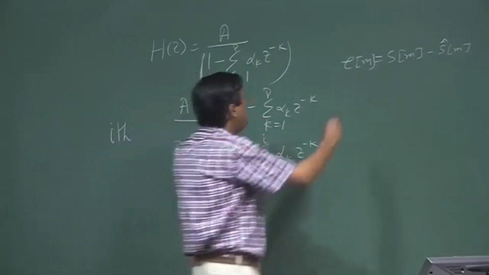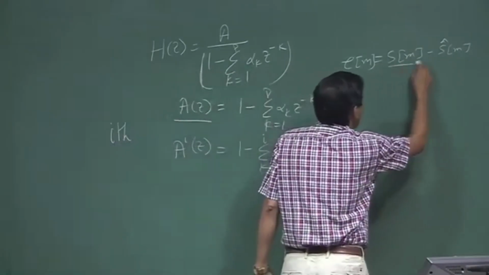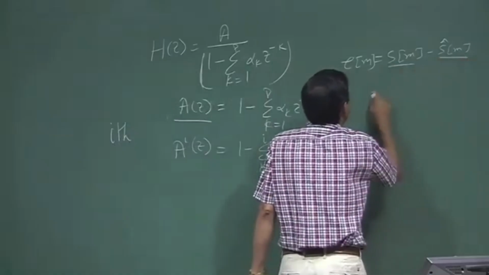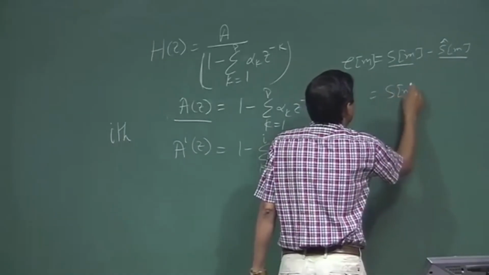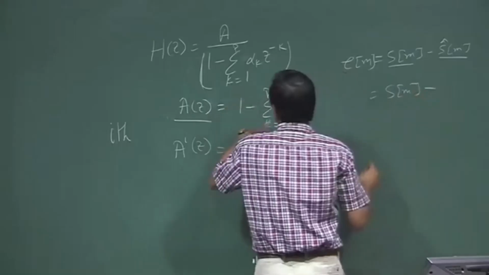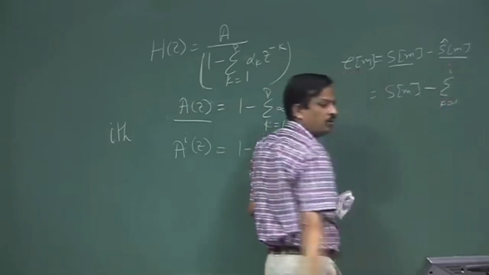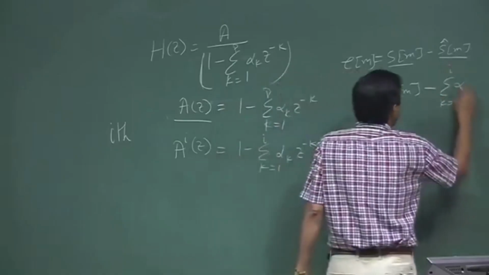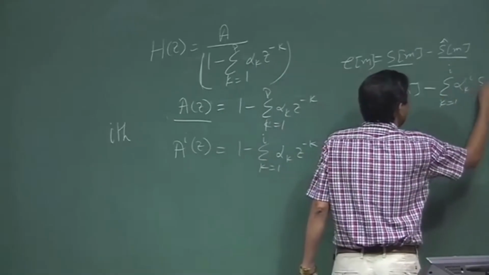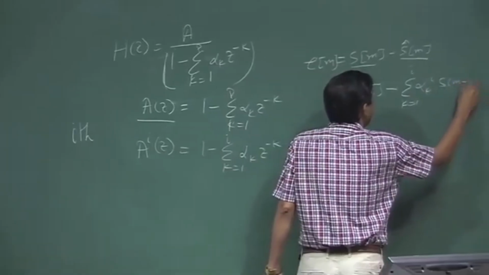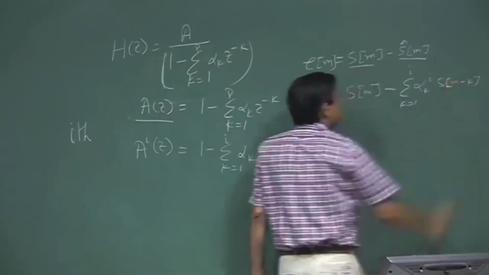This is my original sample and this is my predicted sample. So this is nothing but S m minus the sum from k equal to 1 to i of alpha k i times S of m minus k.